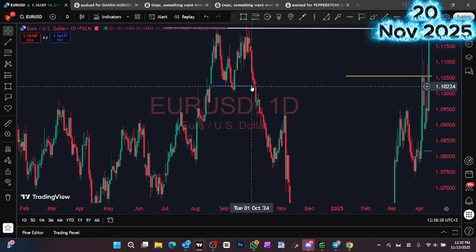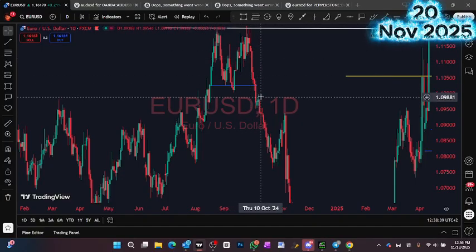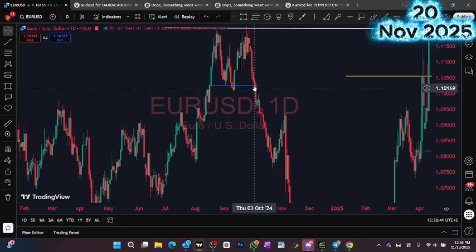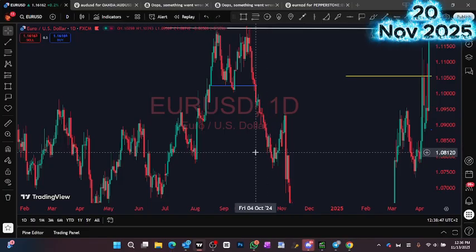Now what I'm waiting for is here. I'll maybe put my alert here. Then price will go up, then when it comes down, my alert goes off. Then I put my sell. Then price goes down. So that's how I do it.